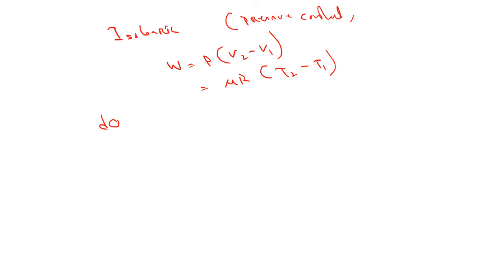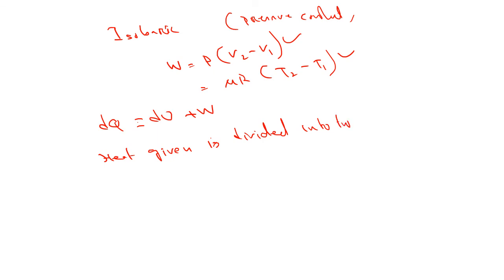So we can write dQ equal to dU plus W. Here we can see there are two terms, there is a W term. What is the meaning of this? Heat given is divided into two parts. So in isobaric our heat is divided into two parts.